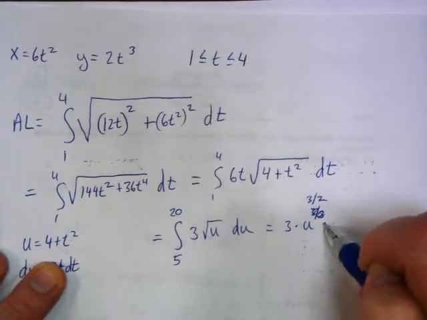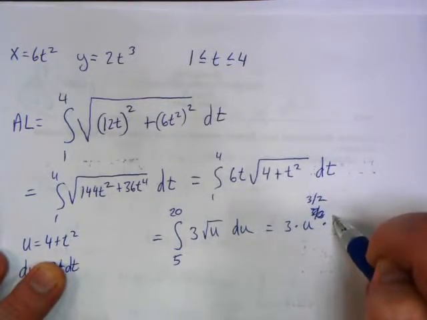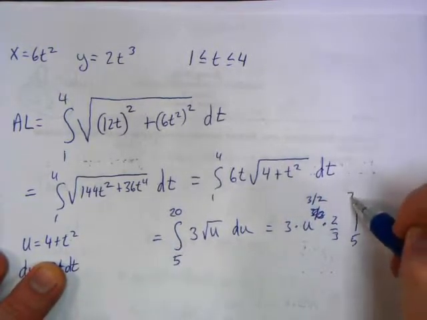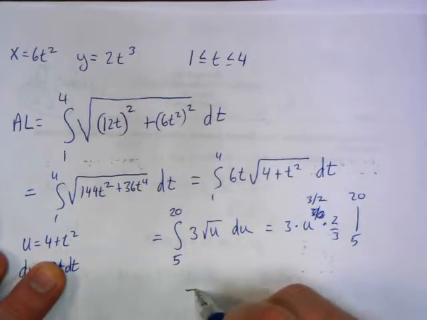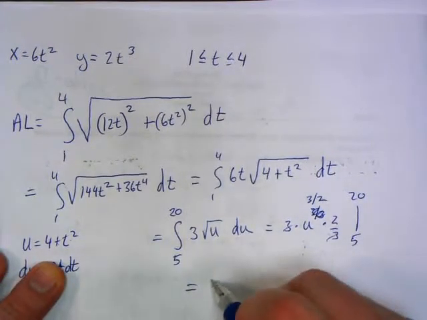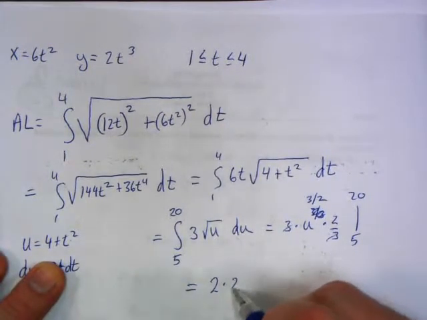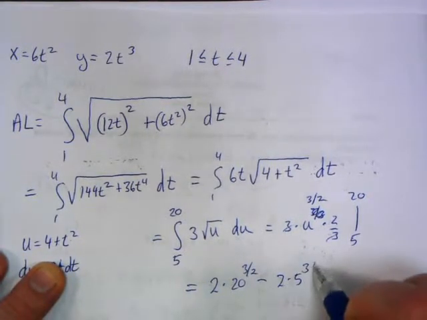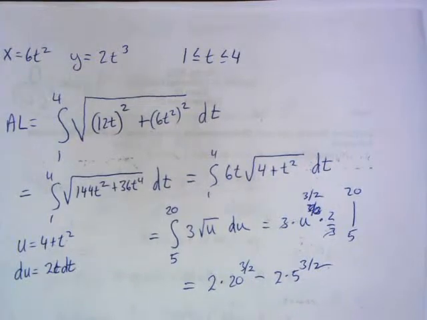And then I would have to multiply by 2 thirds. Evaluate at 5 and 20. Final answer looks like 2 times 20 to the 3 halves minus 2 times 5 to the 3 halves. Questions on that?